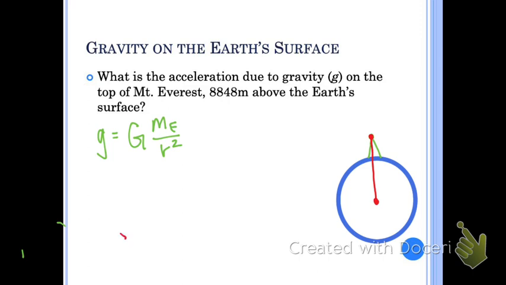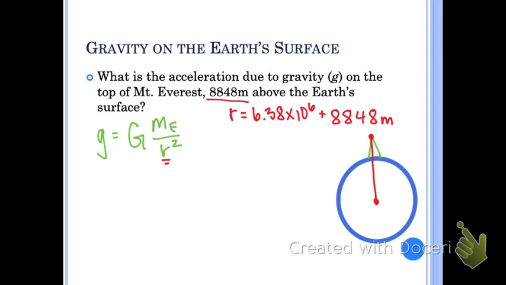So to find the radius that's going to go here, I have to go 6.38 times 10 to the 6, because that is the radius of the Earth, plus 8,848 meters, right? Plus the height of Mount Everest. Does that part make sense? We have to add those together before we can put them in as our radius. Okay, so let's go ahead and plug that into your calculator.